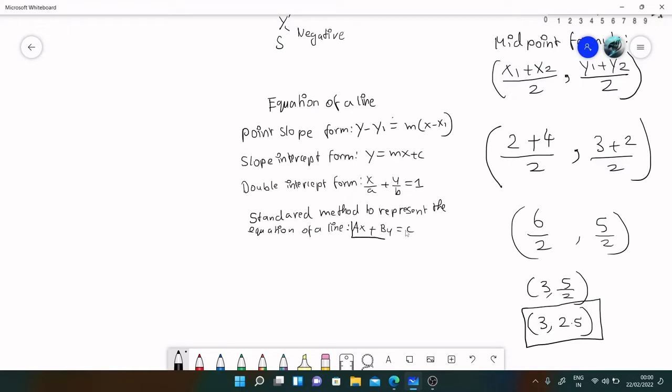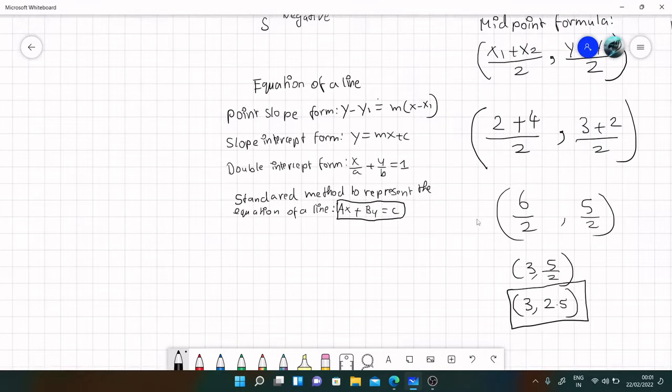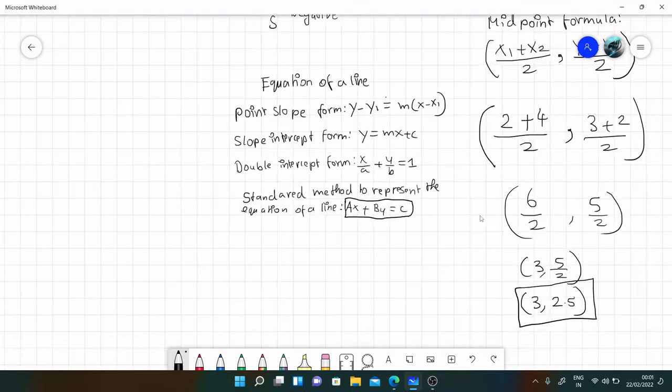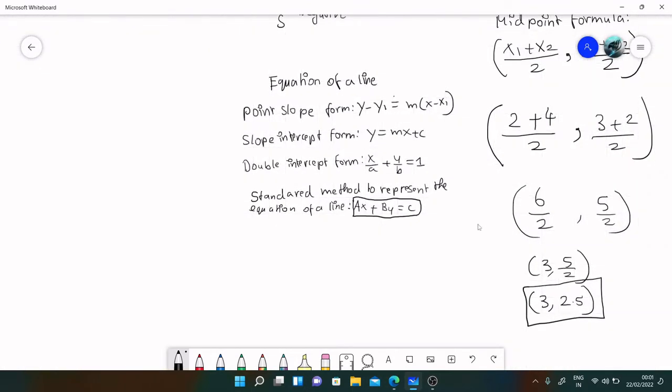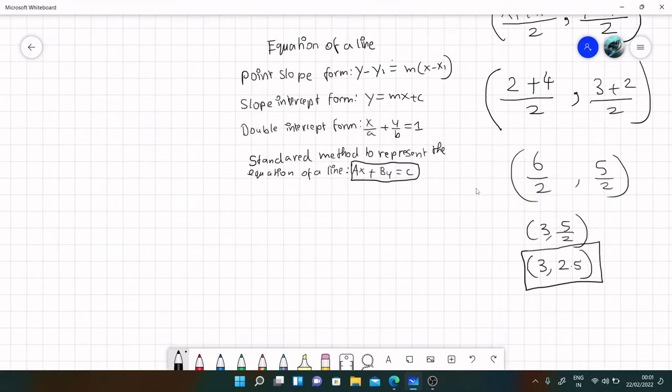This is your standard way, and the answers you obtain from all these forms you can convert into the standard way to represent the equation of a line. You don't have to do it all the time. If the paper or the exam asks you for it, then you have to do it. But it's always a nice practice to put things in standard form if you like to do that.